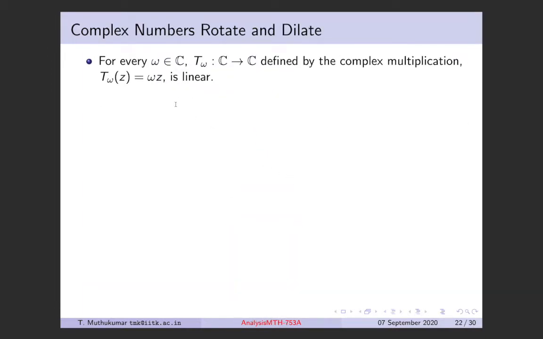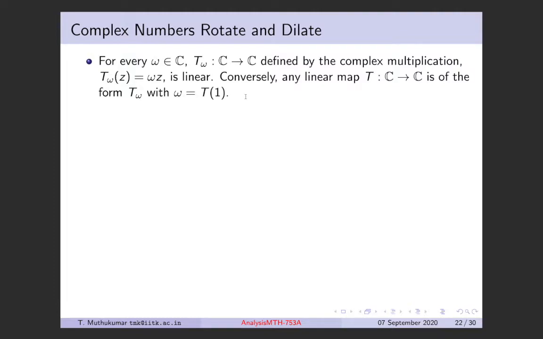So let's see that here. If I take any complex number omega, associated to this complex number, I can give a linear map defined as the complex multiple. So the argument multiplied with the complex number omega. Conversely, if you give me a linear map, then I look at the image of 1, I define that as omega, and T of omega will be defined for this omega.